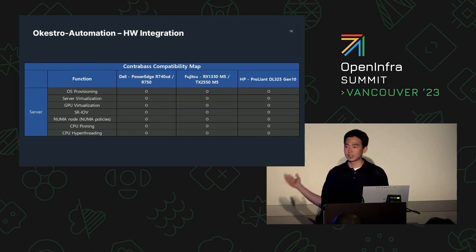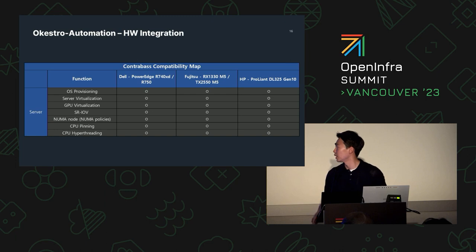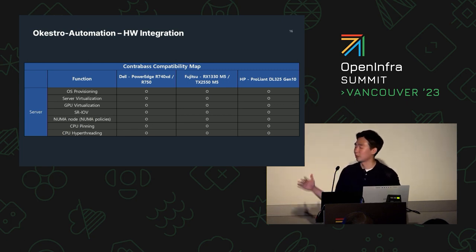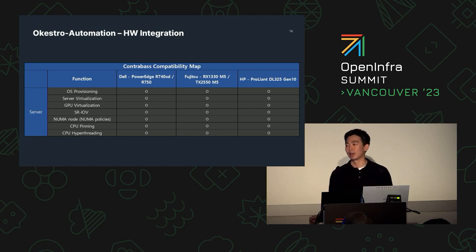This is the 3 major compatibility map for our servers and the different functionalities that are automated in the backend. Dell, Fujitsu, HP for OS provisioning, server virtualization, GPU, SRIOV. They're all pre-configured in our backend so that it's automatically synced and integrated to these hardwares.